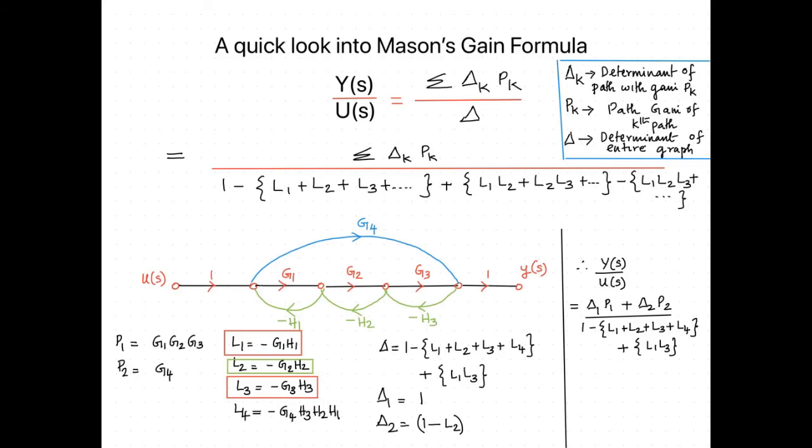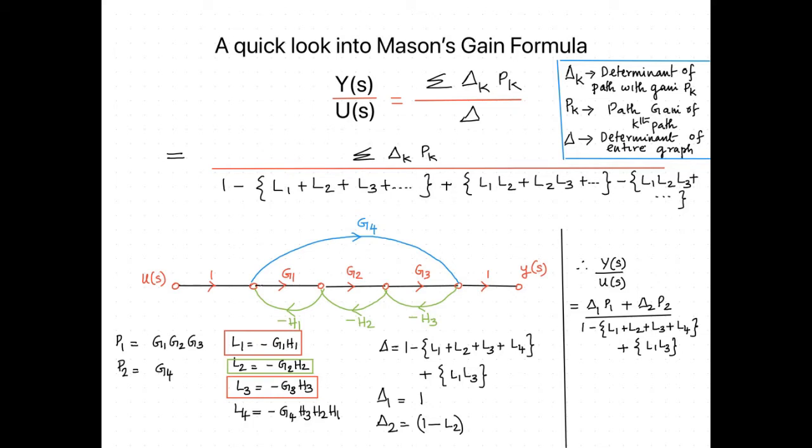As per Mason's gain formula, a transfer function Y(s)/U(s) is equal to sigma delta_k P_k by delta, where delta_k is the determinant of the path with gain P_k, P_k is the path gain of the kth path, and delta is the determinant of the entire graph.